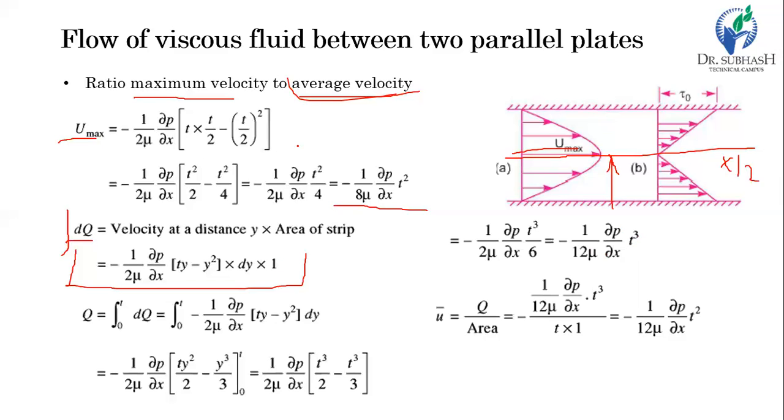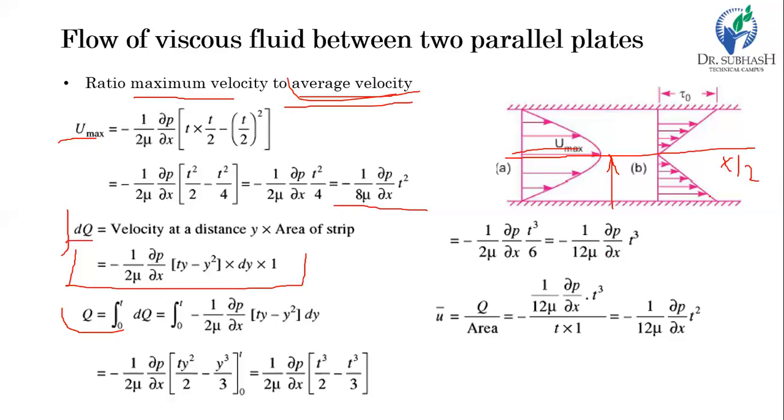We require average velocity u bar. So to get the average velocity u bar, we must divide this discharge with the cross section area, or the area between two parallel plates. So this is nothing but the height into thickness perpendicular to the slide.